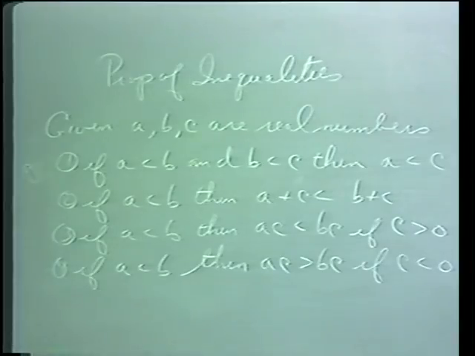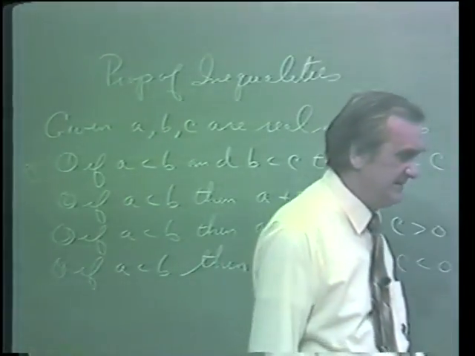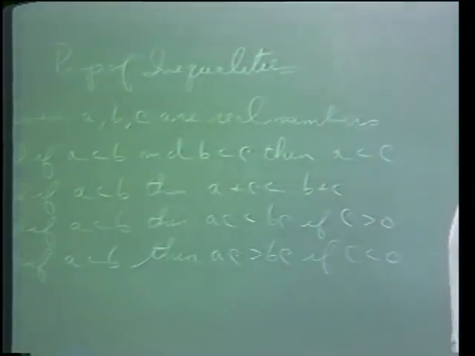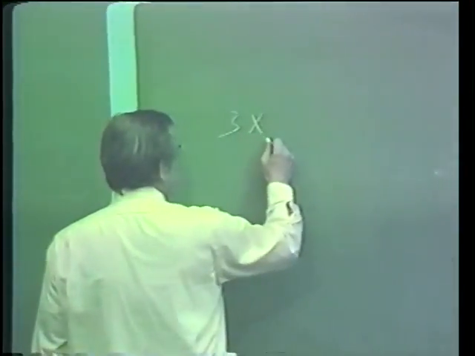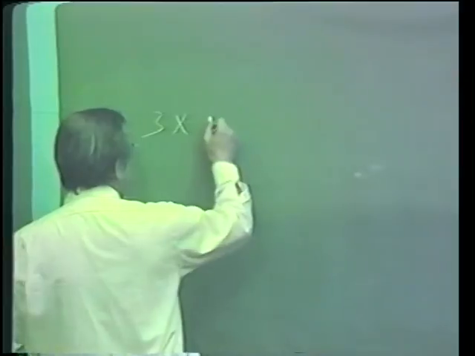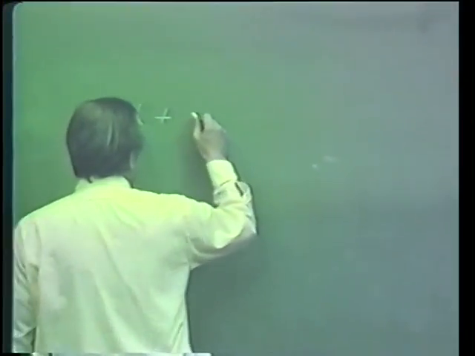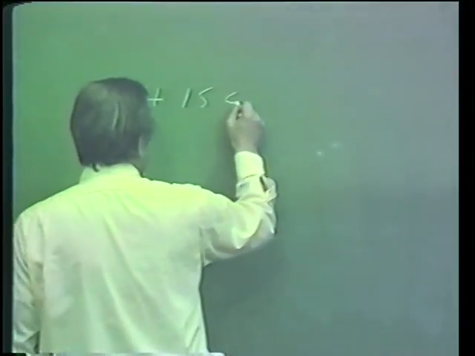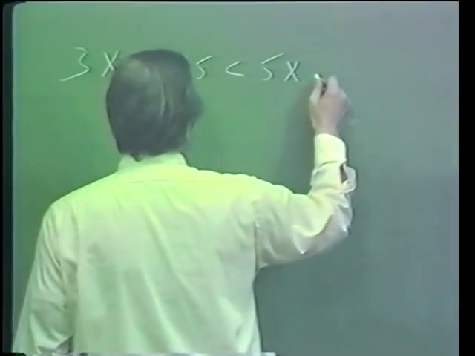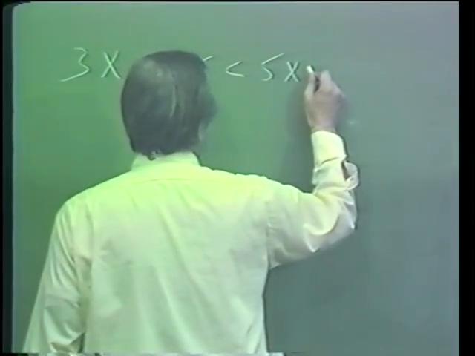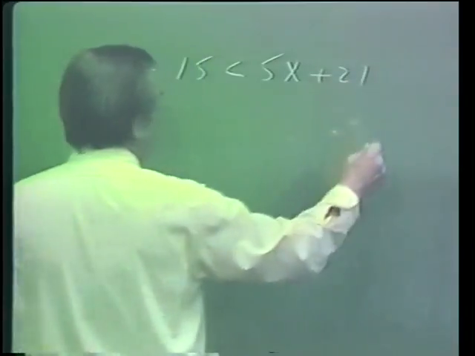So now that we have the rules, we know how to graph a solution set, let's get after one. Let's suppose I have 3x plus 15 is less than 5x plus 21.